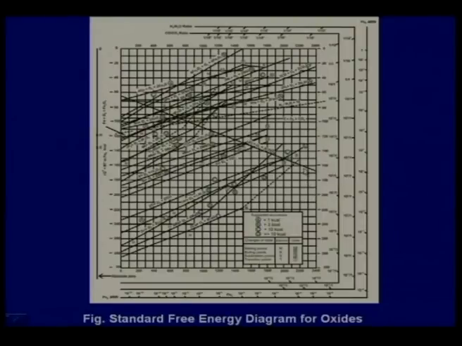So, in theory, we can reduce any oxide by carbon to form carbon monoxide, and carbon can take out the oxygen from that oxide. I will continue with this in my next lecture, because this is the heart of reduction by carbon, and this we have to understand very, very thoroughly.